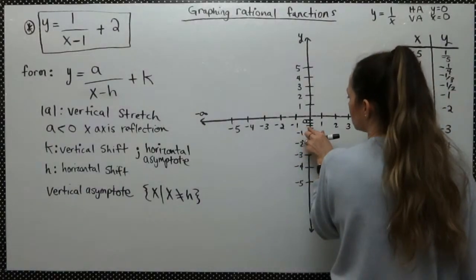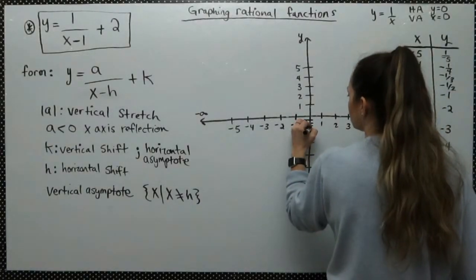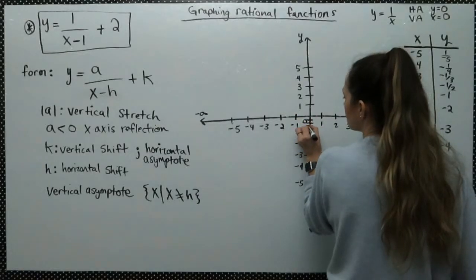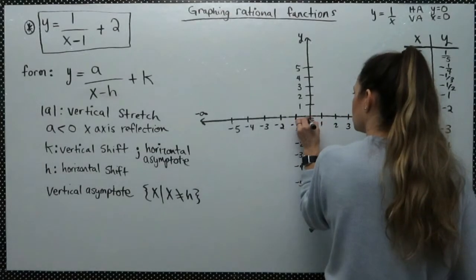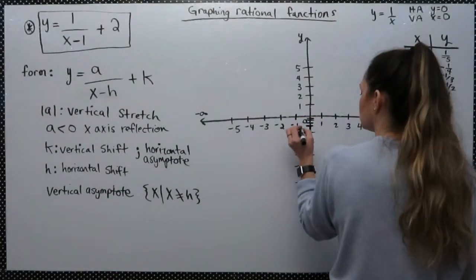So we're going to make that a little bit more accurate because this looks like -1/2. So we're going to need another value in there. We'll say that's -1/5. And again, it's an accurate sketch.